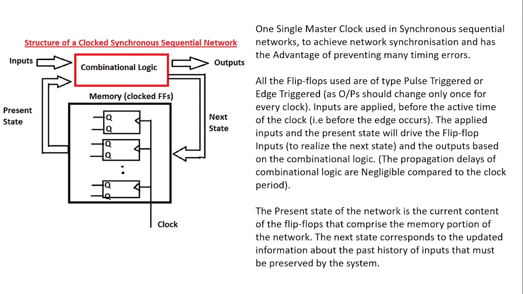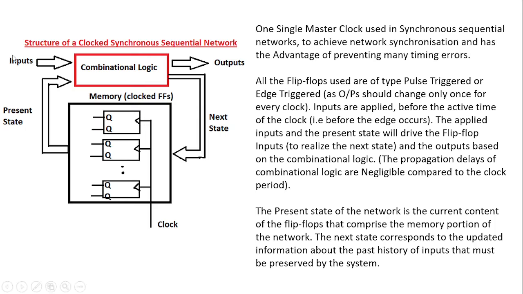The general block diagram of a synchronous sequential network is shown in the figure here. In normal counters, we have only flip-flops, the outputs of the flip-flops are used as the output of the circuit, the clock was inherent, and the counters went from one state to another state. Here two things are introduced.